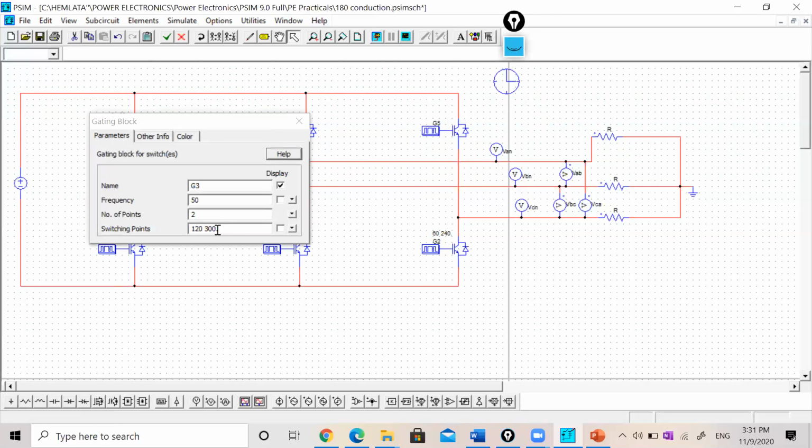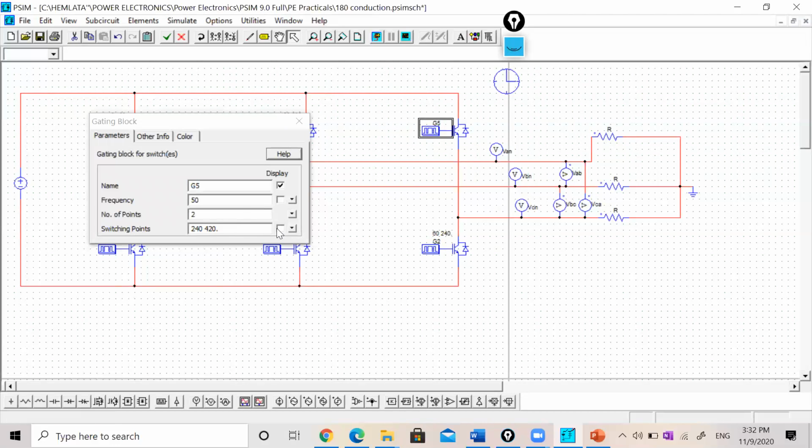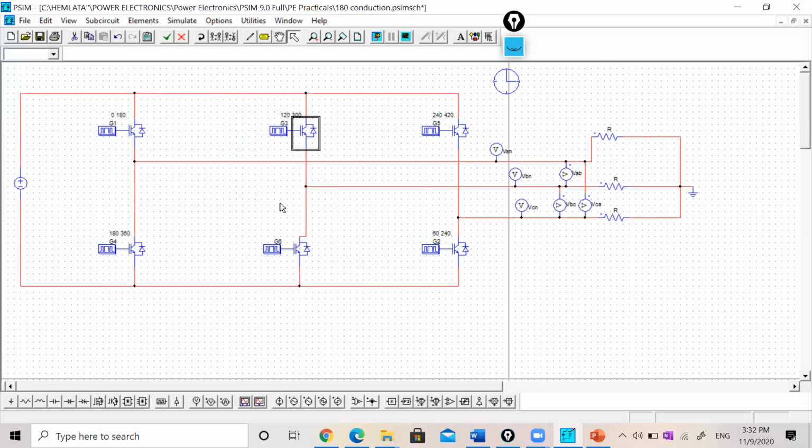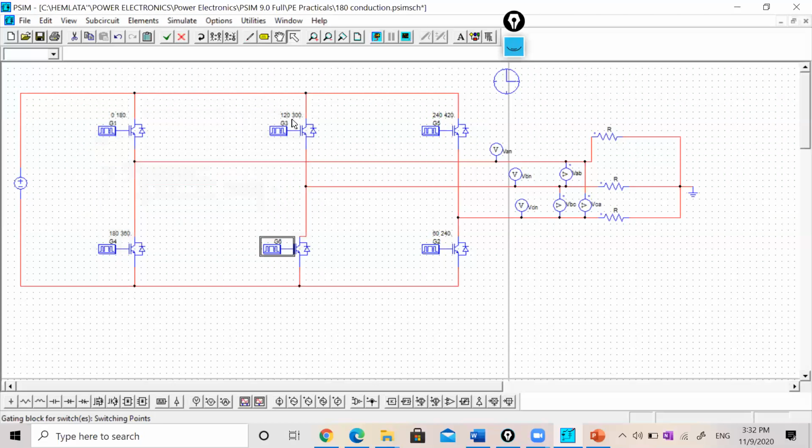Then this is 120 to 300, then we have 180 to 360, 240 to 420, and this is 300 to 480.